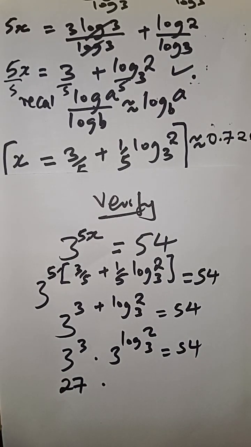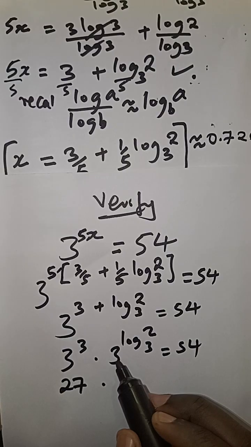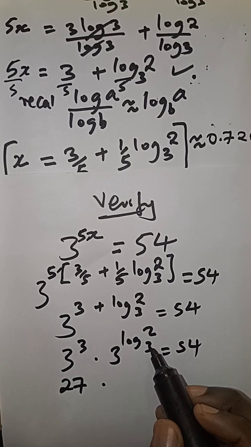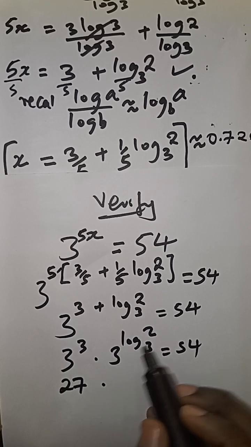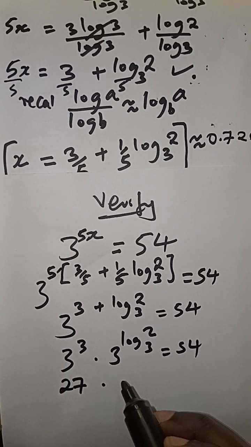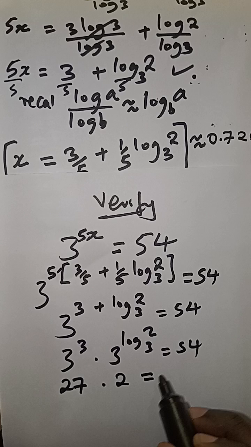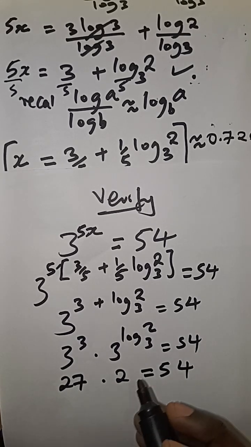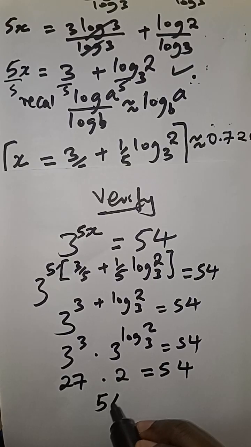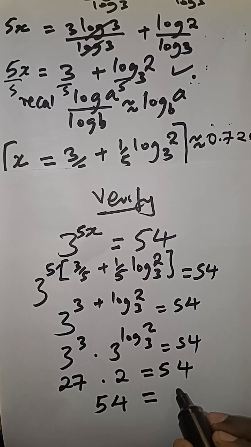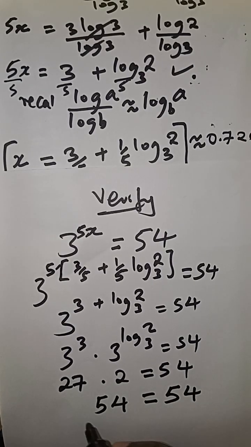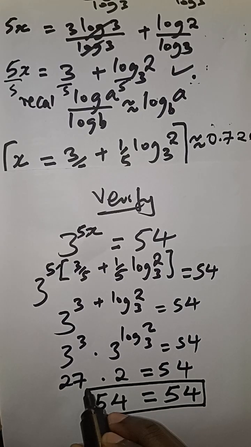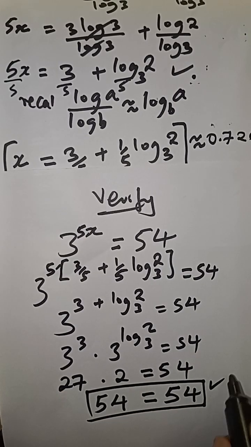At this stage, you're able to see that the base is 3 and the base is 3 on this other end, so this is going to cancel and I'll remain with 2. And of course, 27 times 2 is 54, which is the same as 54 on the other side. And hence verified.